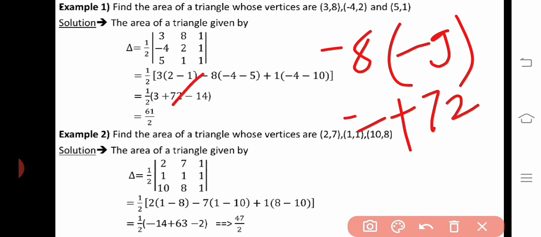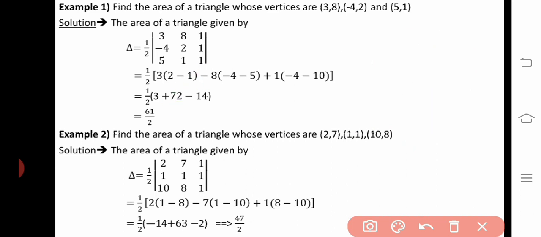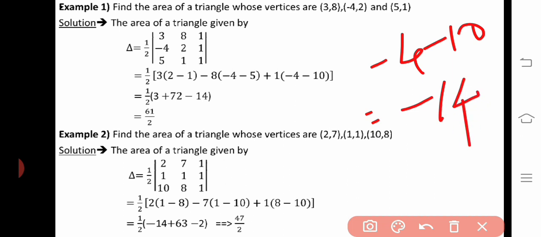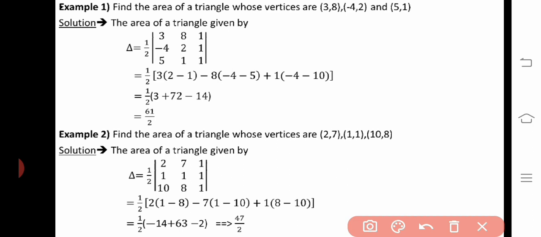Then plus 1 into minus 4 minus 10, we will get minus 14. Then you have to add: 3 plus 72 is 75, 75 minus 14 will get 61. But here divided by 2 is there, so 61 divided by 2, that is the answer. Have you understood this?